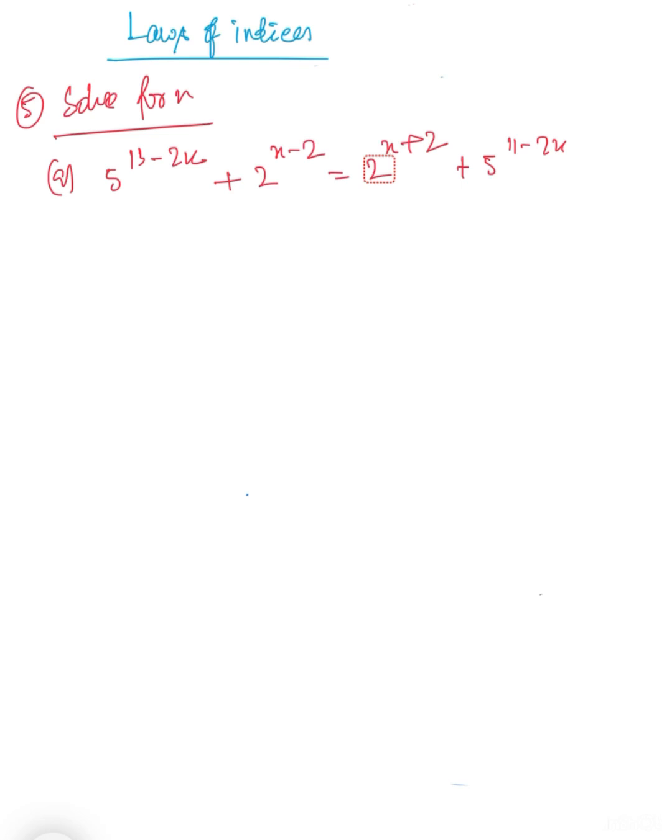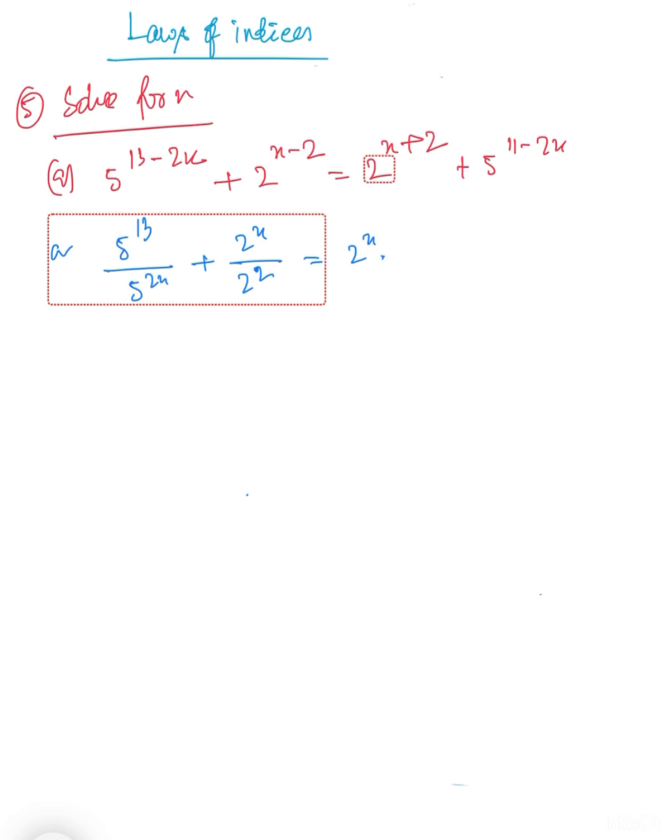Now 5 to the power 13 minus 2x, right? You can write it as 5 to the power 13 by 5 to the power 2x, and 2 to the power x by 2 square equals 2 to the power x into 2 square plus 5 to the power 11 by 5 to the power 2x. Okay.